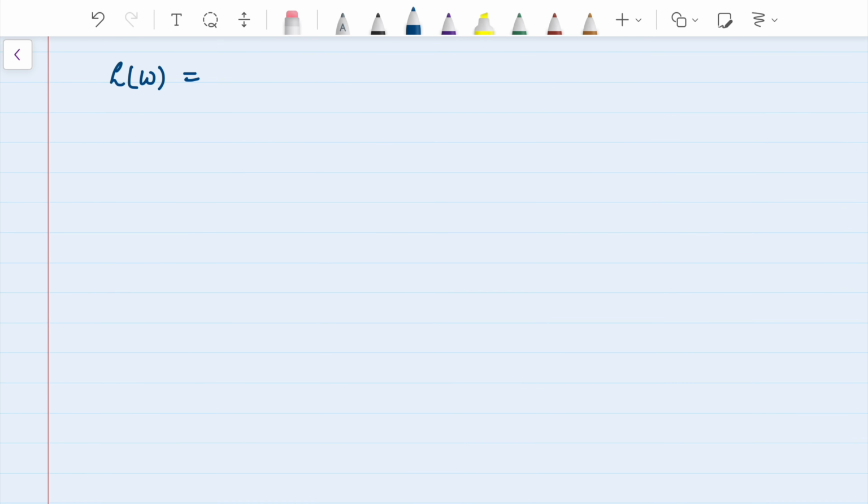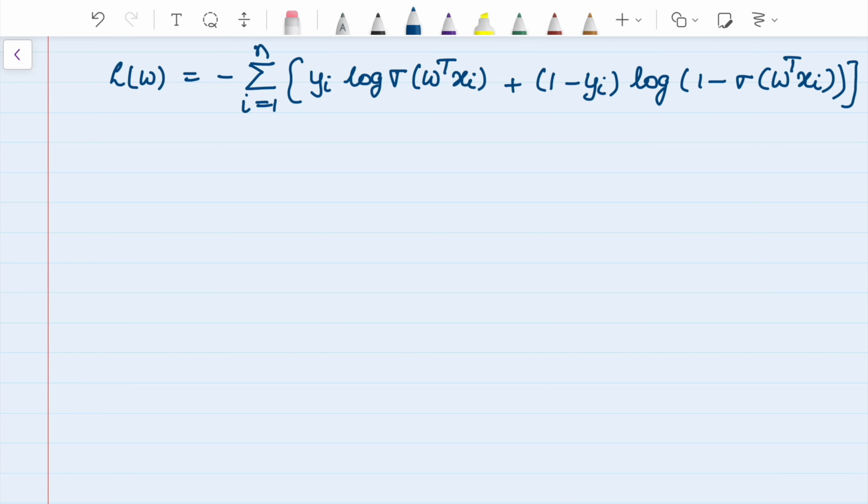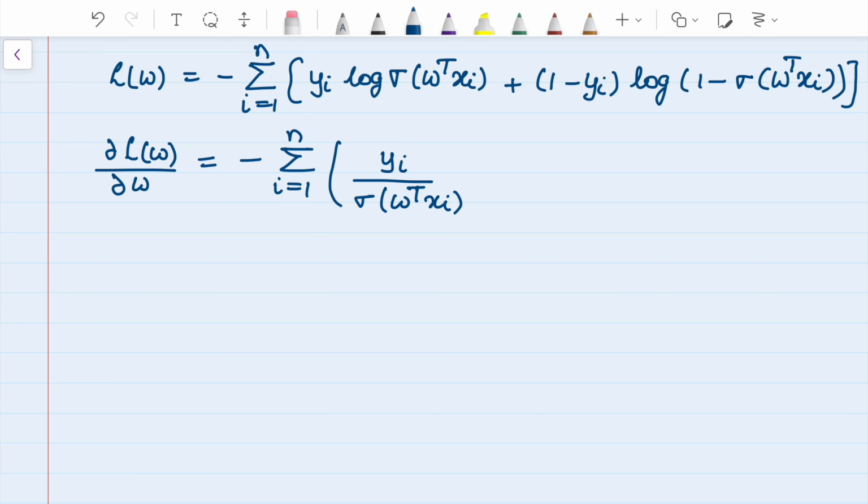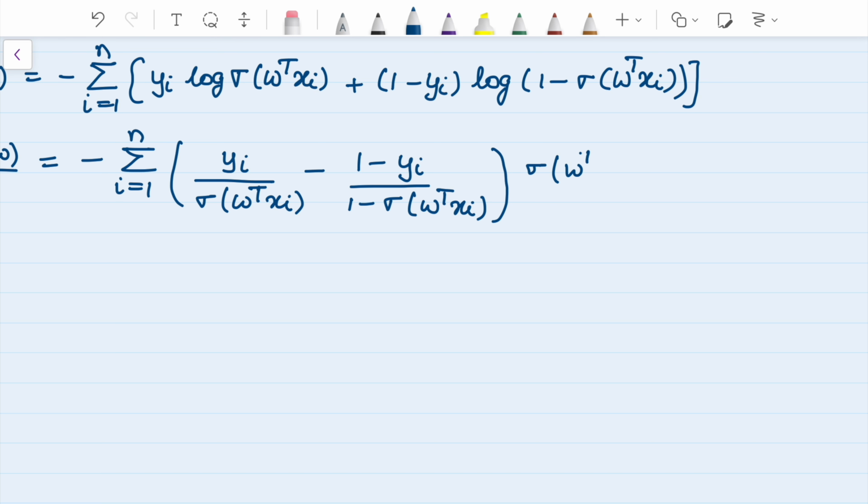Therefore, to minimize the cross-entropy loss, we take its derivative, which is minus the sum from i equals 1 to n of [yi divided by sigma(W transpose xi) minus (1 - yi) divided by (1 - sigma(W transpose xi))] times sigma(W transpose xi) times (1 - sigma(W transpose xi)) times xi.